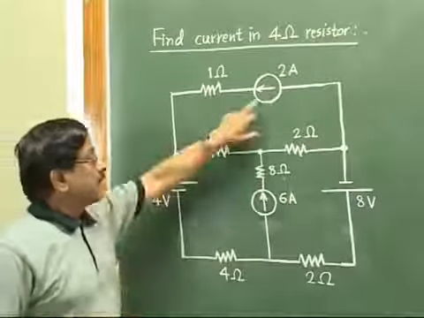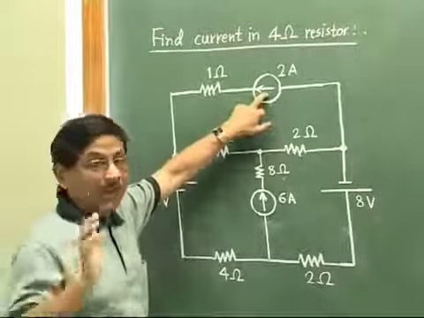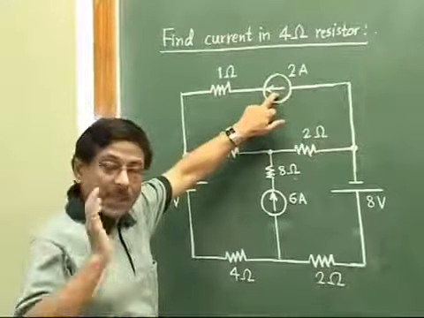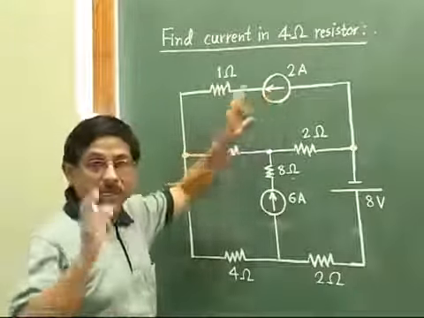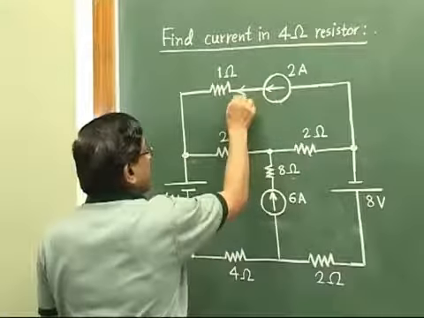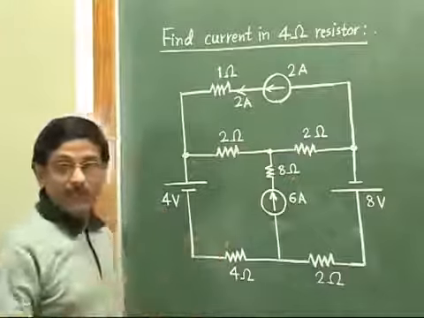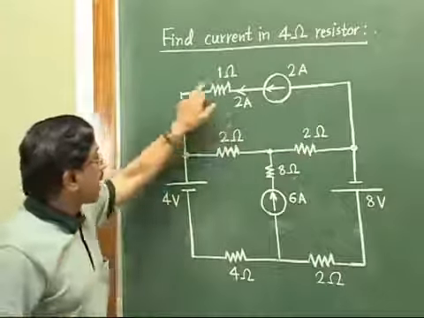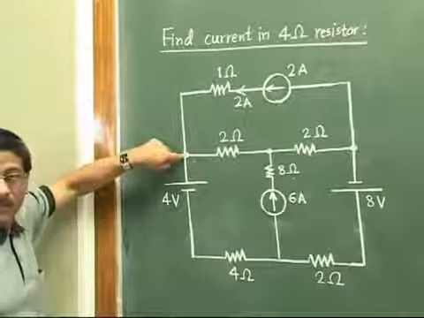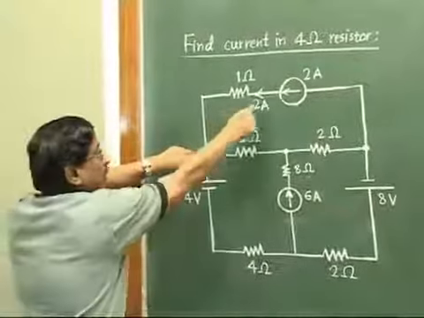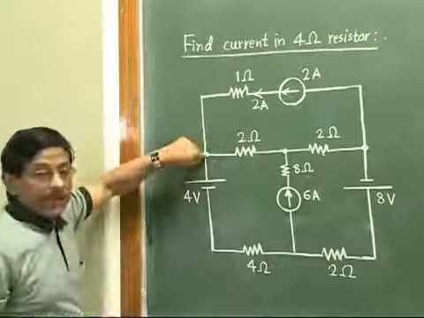Now see, there is a simple meaning to that. The meaning is that when we say that there is a 2 ampere current source acting here, the simple meaning is that this source is sending a current of 2 ampere in this direction. That's all. So finally, this 2 ampere current is going to reach this node. So at this node, 2 ampere current will be incoming.